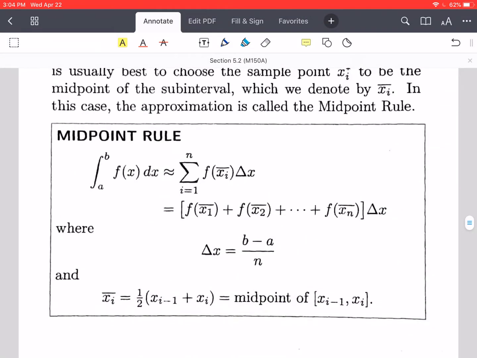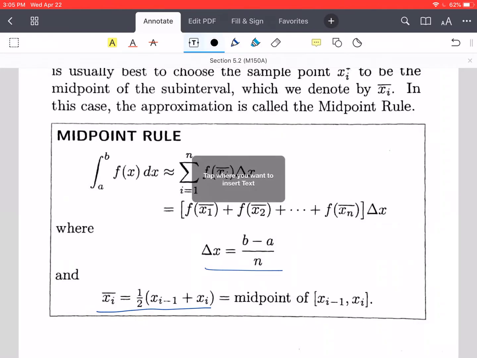So this kind of goes back to what we were doing last section, just being able to approximate the value of the integral. Okay, so when you're picking your midpoints, again, you can determine how wide your interval is going to be, and then you can get the middle of each of those intervals by just adding up the endpoints and dividing by 2. Right, just get an average.